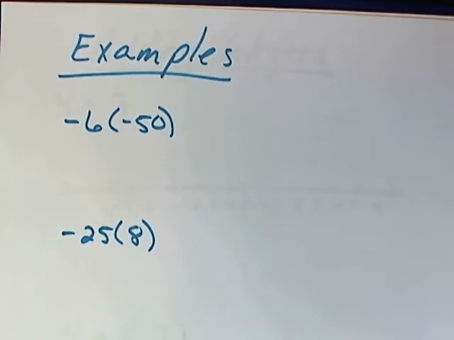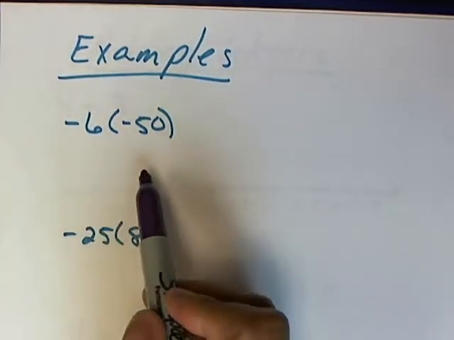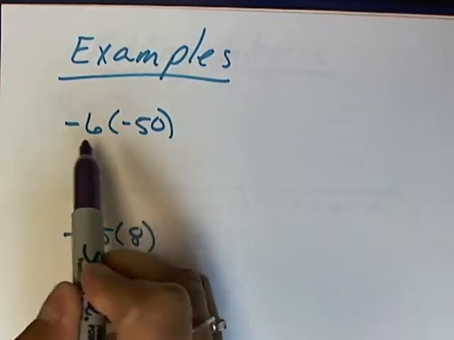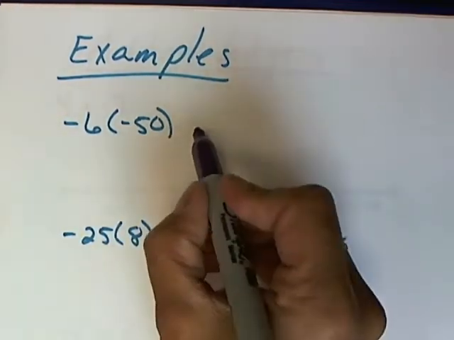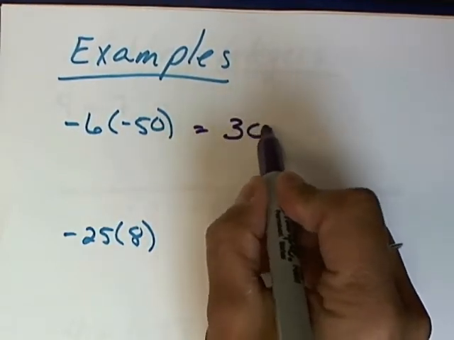So here it says -6 times -50, and I know that because the -50 is in parentheses right next to my -6. That indicates an operation for us. Those two numbers being mushed together with those parentheses indicates multiplication. So that says -6 times a -50. We have a negative times a negative. They match. There's two of them. So my result will be a positive 300.